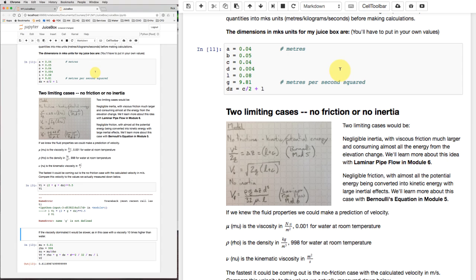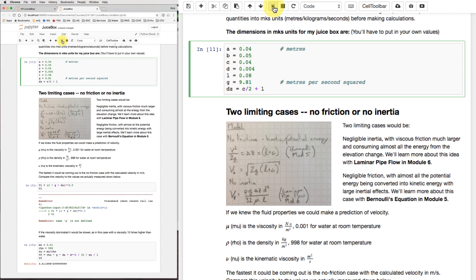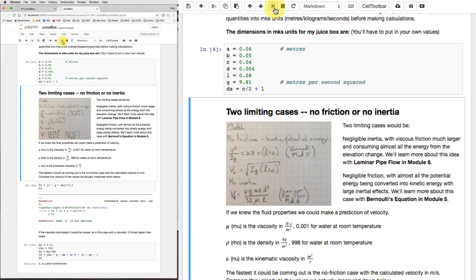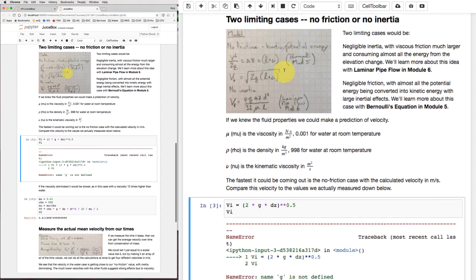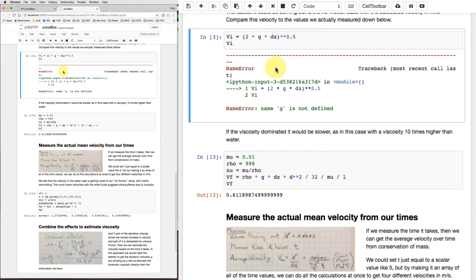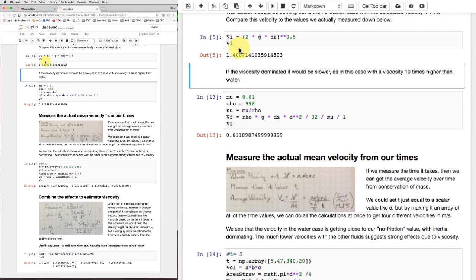That's because up here, I didn't actually run that Python cell yet. So I run that Python cell, run that one, it reformats it. I get down here and I go to calculate that inertial velocity, and I get 1.4 meters per second. So let's just keep that 1.4 meters per second in mind.